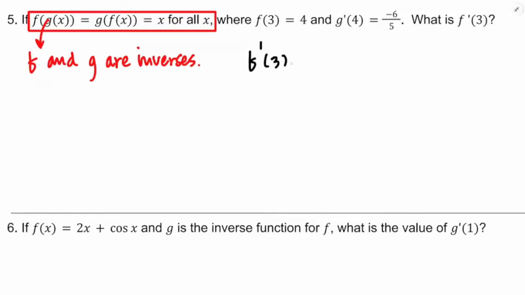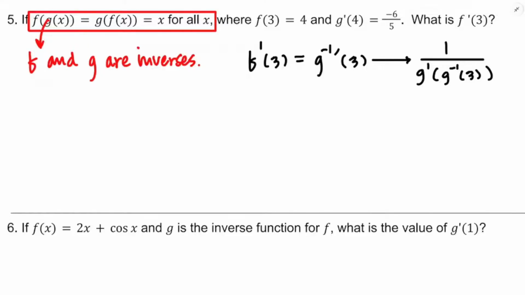F prime of 3 equals g inverse prime of 3. I'm only thinking to do this because it mentioned the inverse function, and this is an inverse function homework. I would not normally think to do this. If I was going to do that, I would say 1 over g prime of g inverse of 3. Remember, g inverse is f.